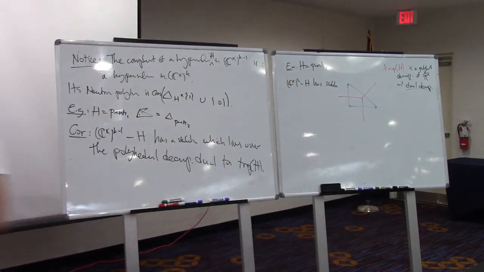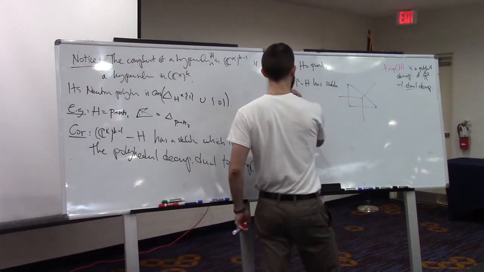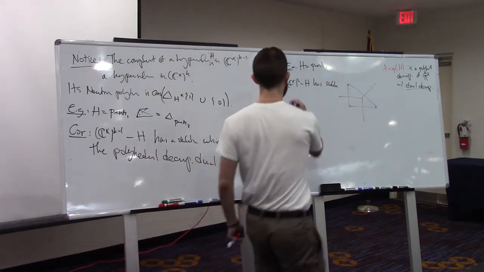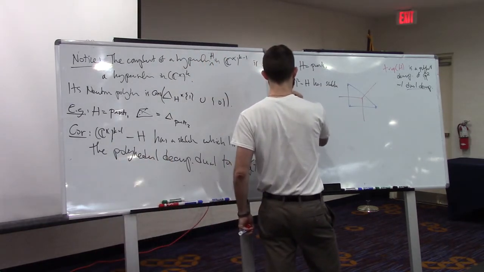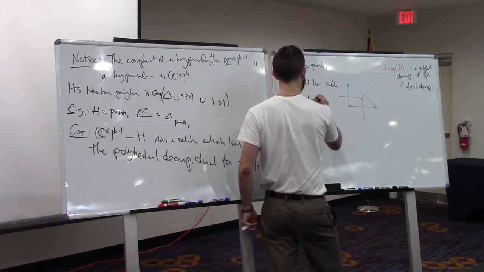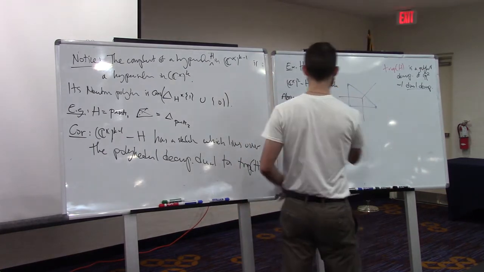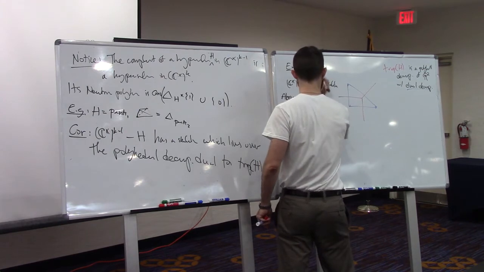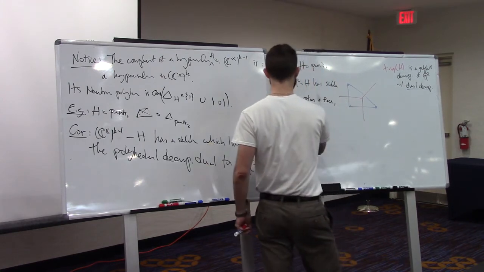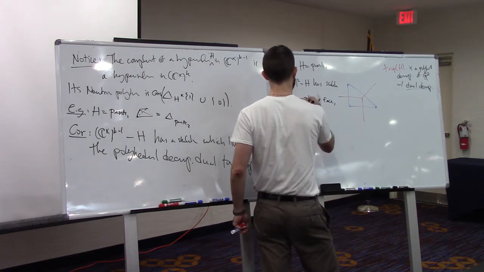Somehow it's the same thing as here, where above a codimension R face, we have an R torus.